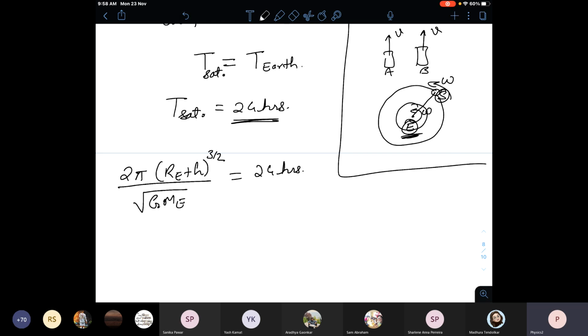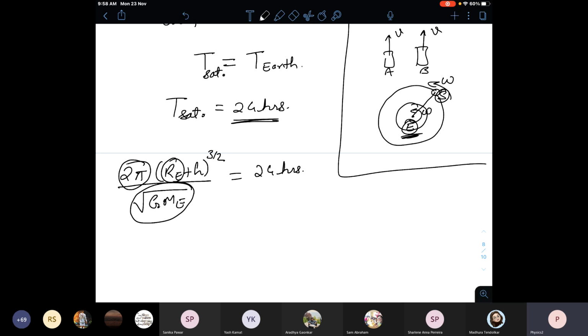Now see, 2π is constant, √(GMe) is constant, the radius of earth is constant. The only variable is the height, that is, the height from the surface of the earth. So if you calculate this value of h, because the time period is fixed, the value of h will come out to be a constant value.